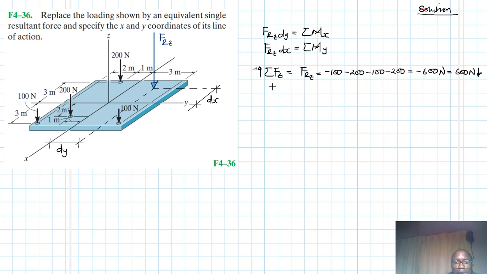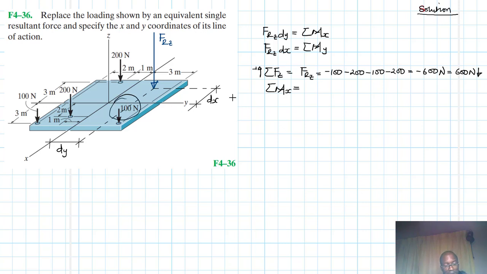What we need now is to find the summation of moments in the x and in the y. Summation of moments in the x is going to be equal to, our reference is the right hand thumb rule. Summation of moments about the x-axis.